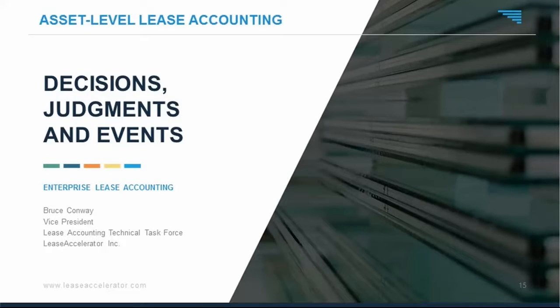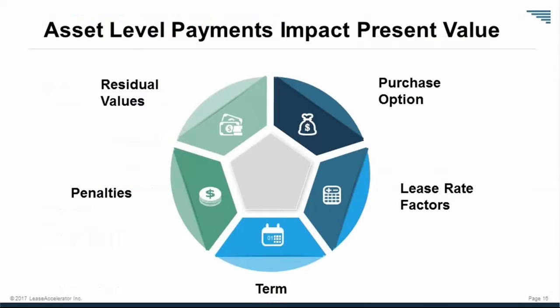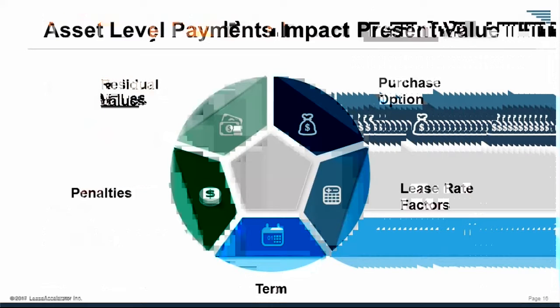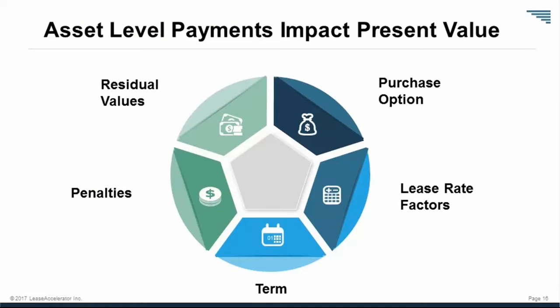the remaining areas that I'll be covering have to do with, again, decisions, judgments, and events surrounding asset level information. I'm starting to hear this being discussed more frequently as of late, as people are starting to understand the need for this information to comply with the new standard. But there seems to be too heavy an emphasis, from what I've observed at least, on getting this information up front for the transition, and very little discussion about how this information is maintained or kept current over the life of the lease.